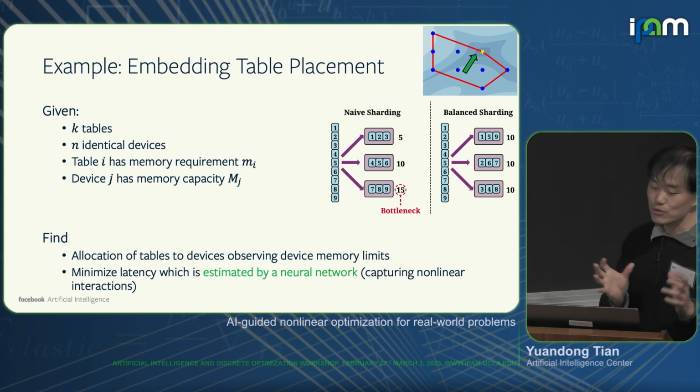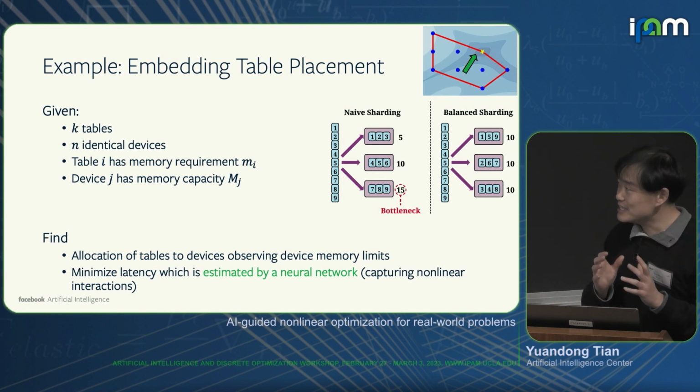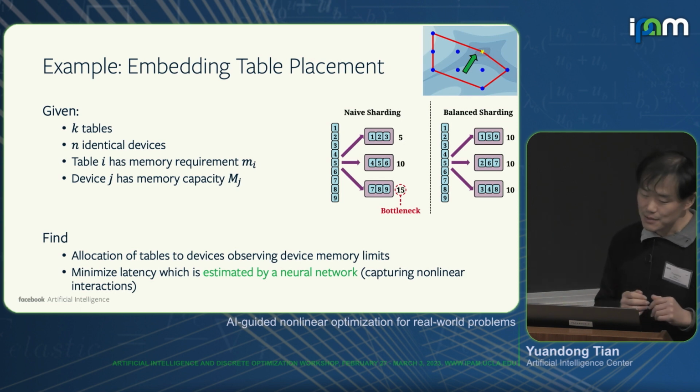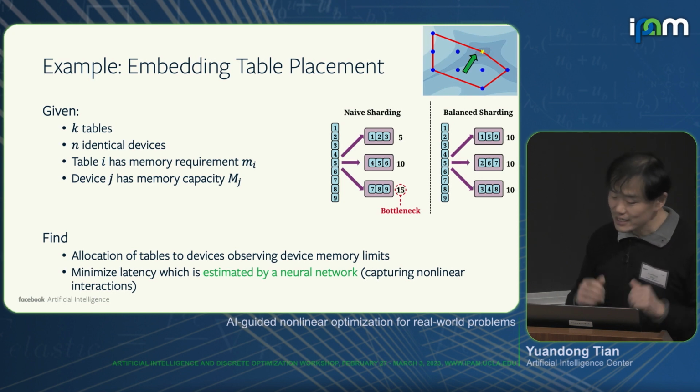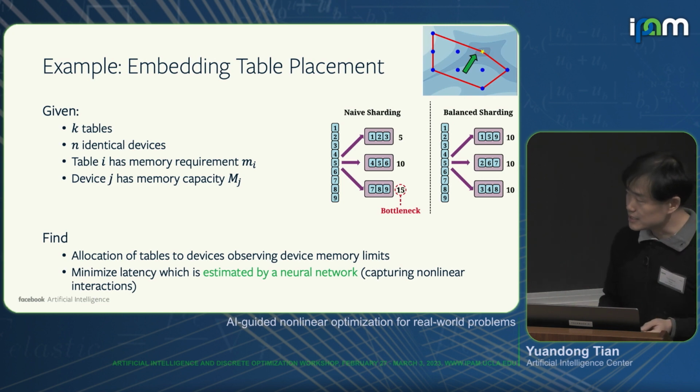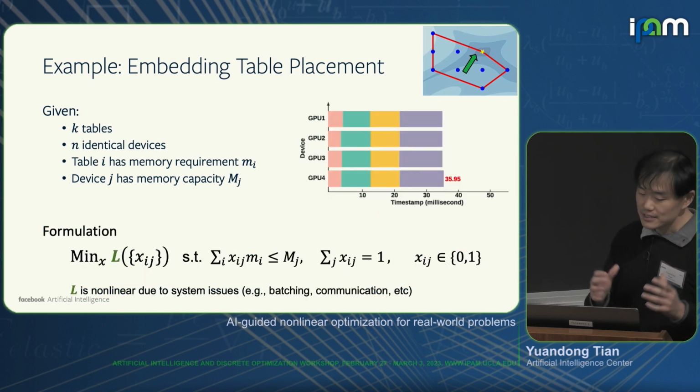You want to place the tables so that the sum of the memory requirements on each device does not exceed the memory capacity of that device. At the same time, you want to reduce the latency to compute all the tables.